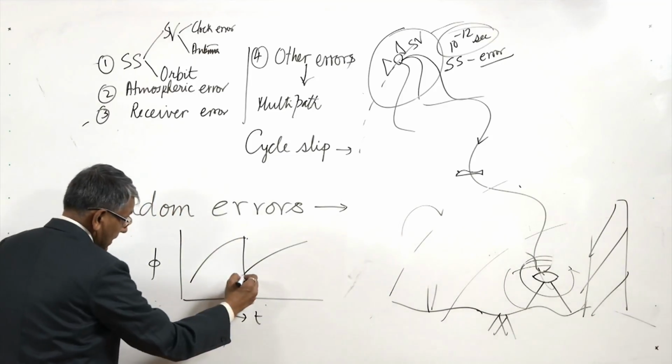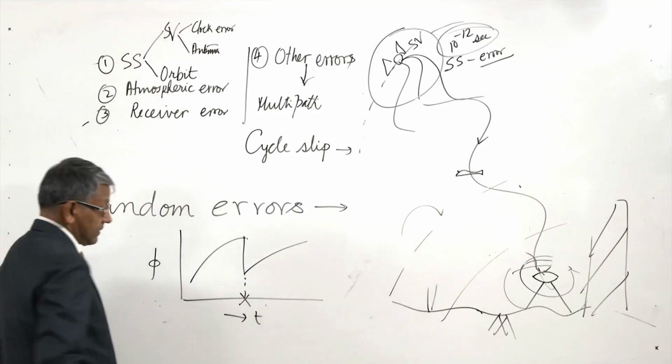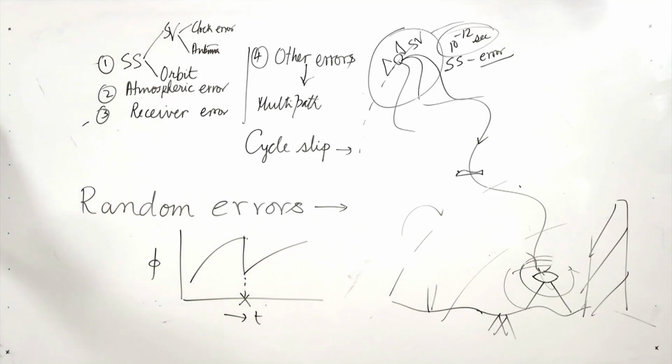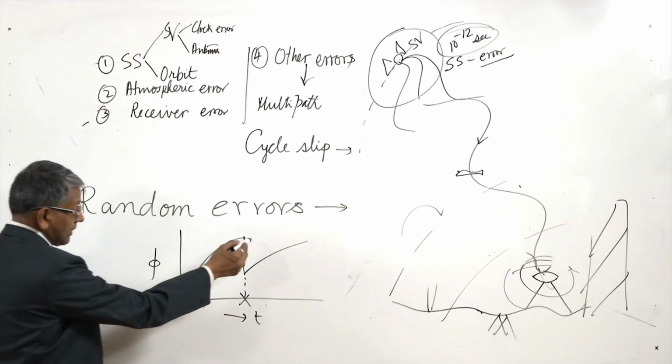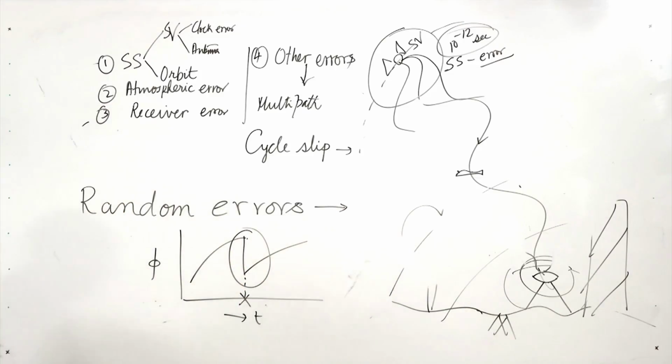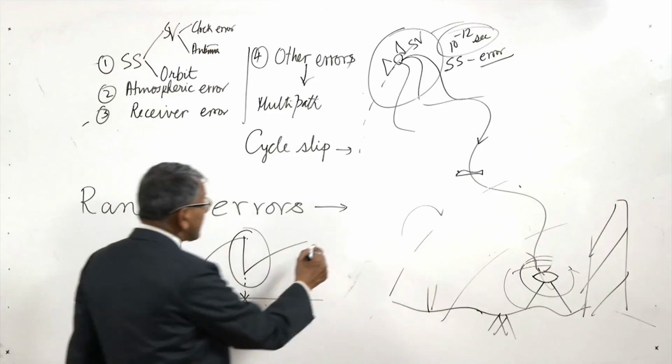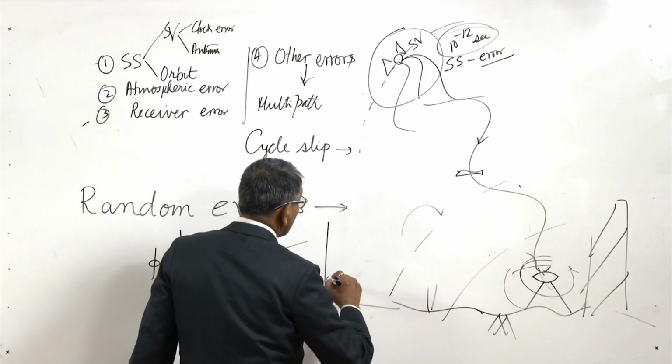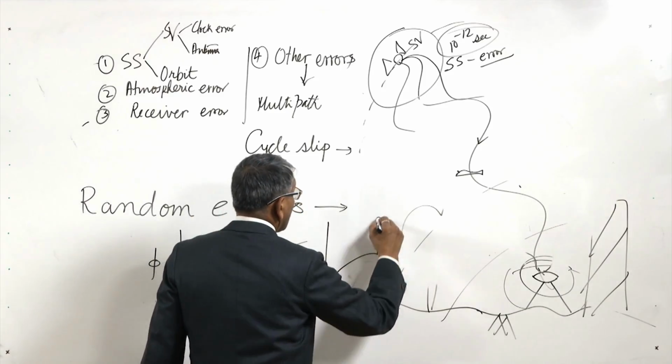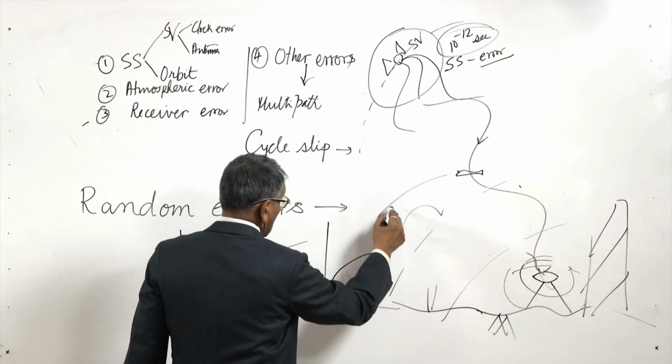So that means corresponding to this time there is a slip of cycle or discontinuity in observation. Sometimes it may be like this, sometimes it may be like that.